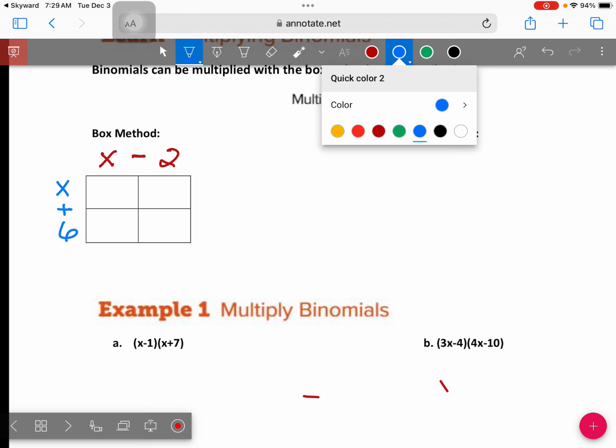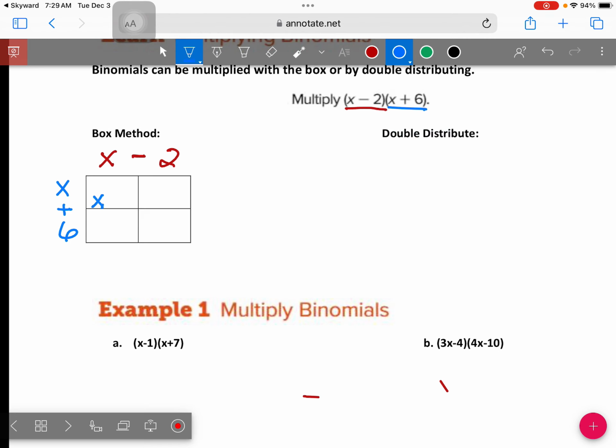Okay? So then, as you look at this, you are going to multiply x here times x here. And this is x to the first times x to the first, which gives you x squared. And then you're going to go to the next one, over to the right.